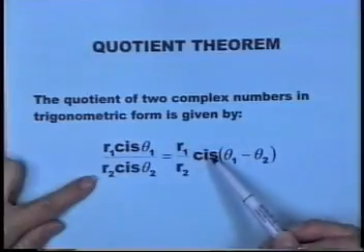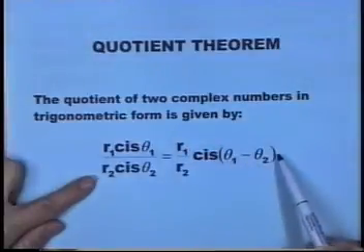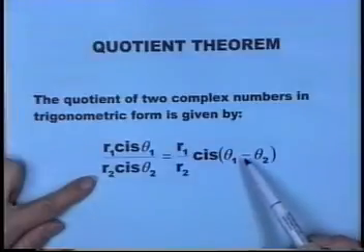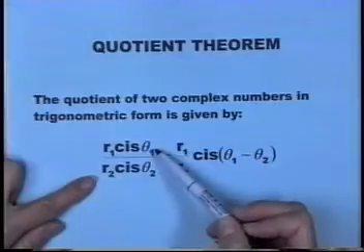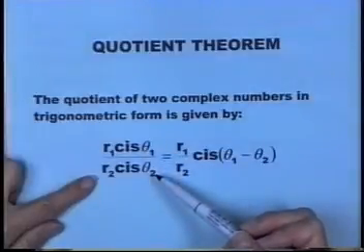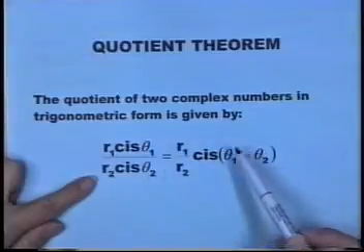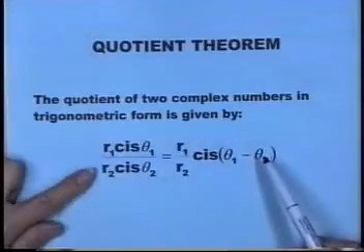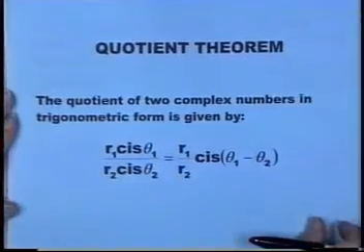Then you have your cosine plus i sine, and notice what you do here. You take theta 1 minus theta 2. Theta 1 means the one that's on top. So the angle on top minus the angle on bottom. Be sure that you do not reverse those. Remember, when you're subtracting, the order that they're in makes a big difference in your answer.